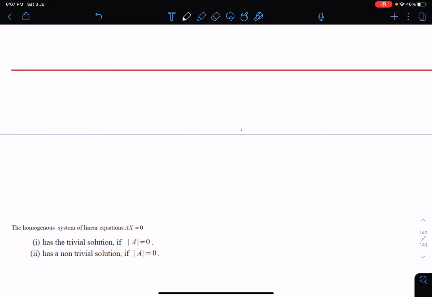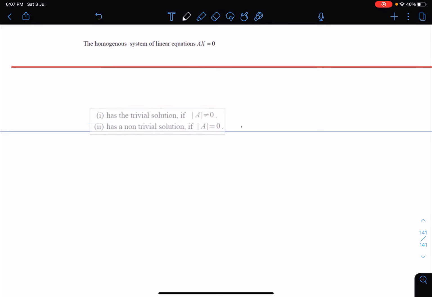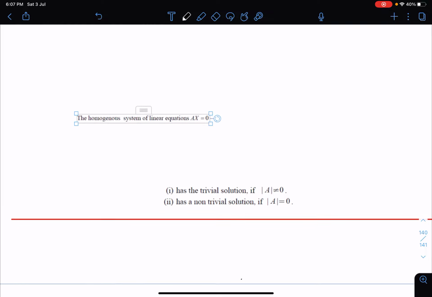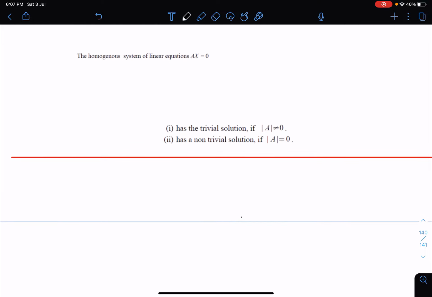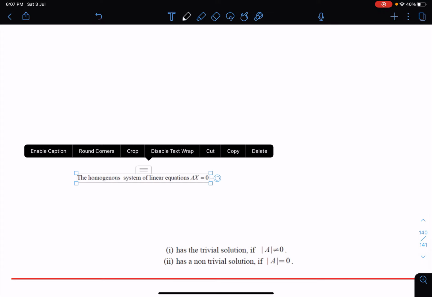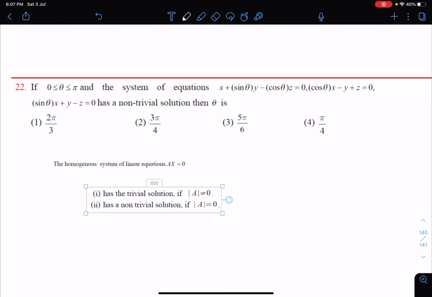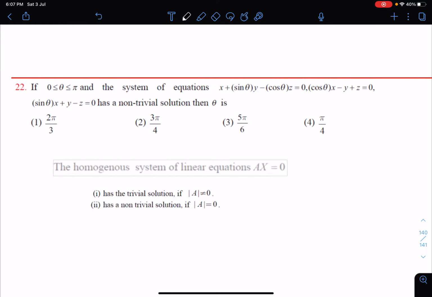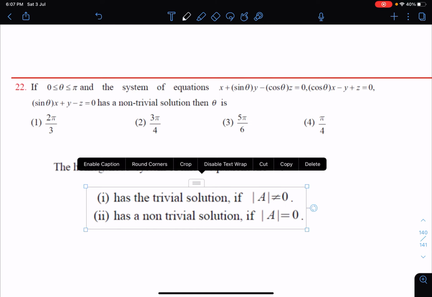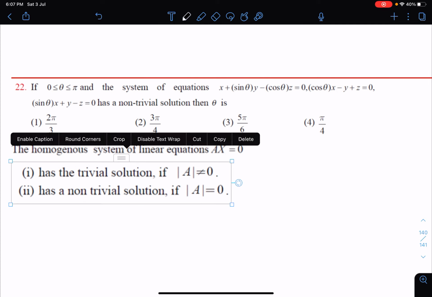You know, for a non-trivial solution, when will you get a non-trivial solution for homogeneous equations? Here I have pasted the conditions for the homogeneous equations. Okay, so you can verify here. I have given this condition also when we started the homogeneous conditions. Okay, so we have got two answers for homogeneous.